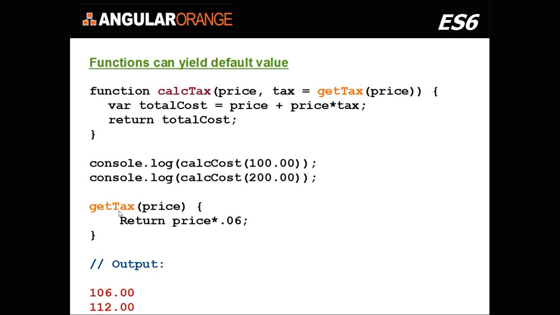So if I have a getTax function with a price and I return price times 0.06, then it's essentially the same effect as the previous function. However, my function is implemented a little bit differently. So if I call this with two different prices, I get two different values.